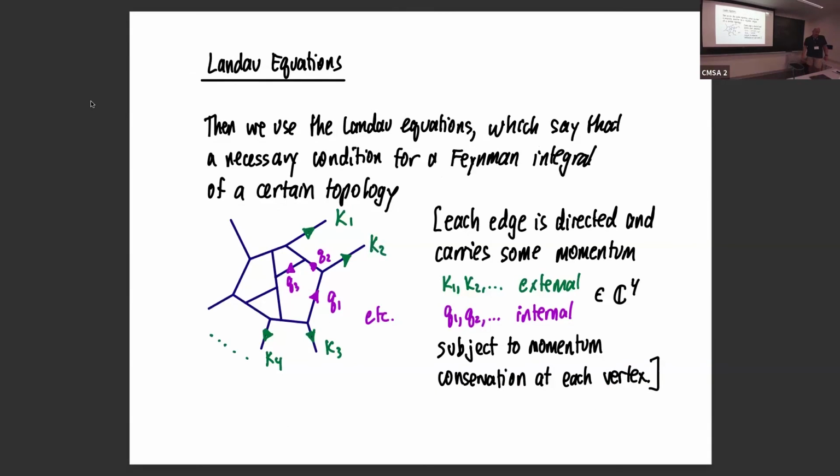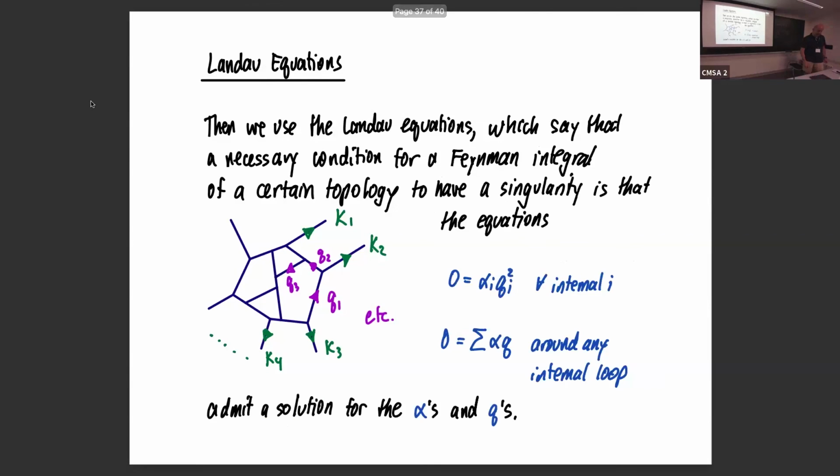Then we can use the Landau equations, which, as Anastasia reviewed, say that a necessary condition for a Feynman integral of a certain topology to have a singularity, where you have some external and internal momenta, is that these equations admit a solution.